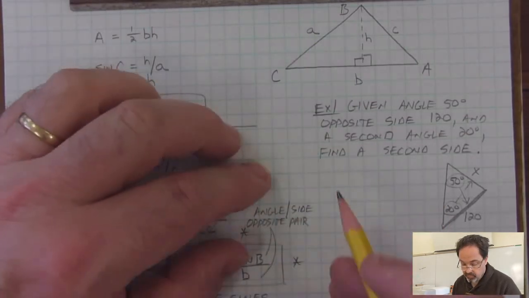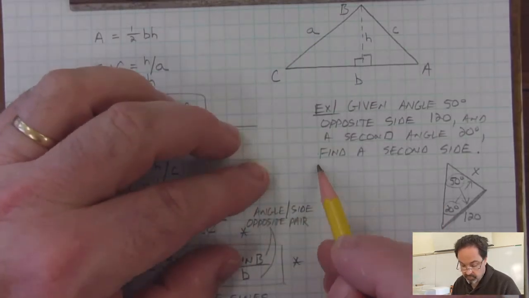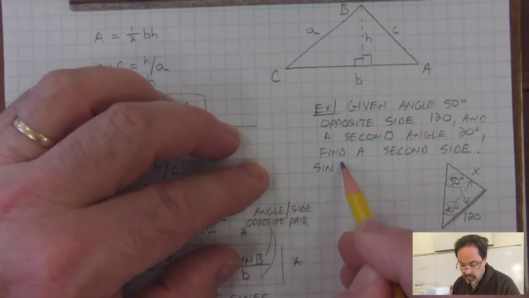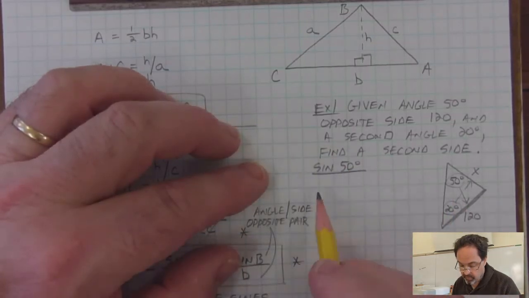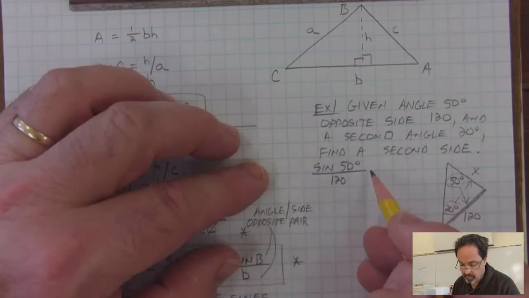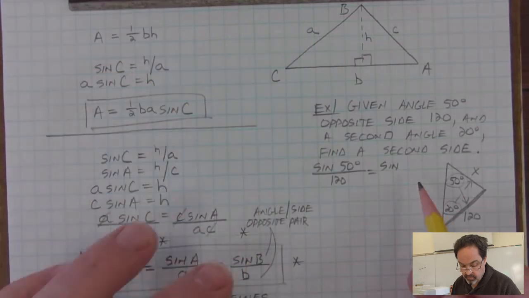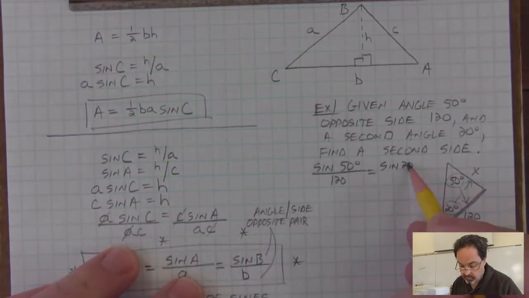With this information, I'll set up the law of sines, taking the sine of an angle that we have, the measure of 50 degrees over its opposite side of 120, must be equal to the sine of 20 degrees over its opposite side that we've labeled x.